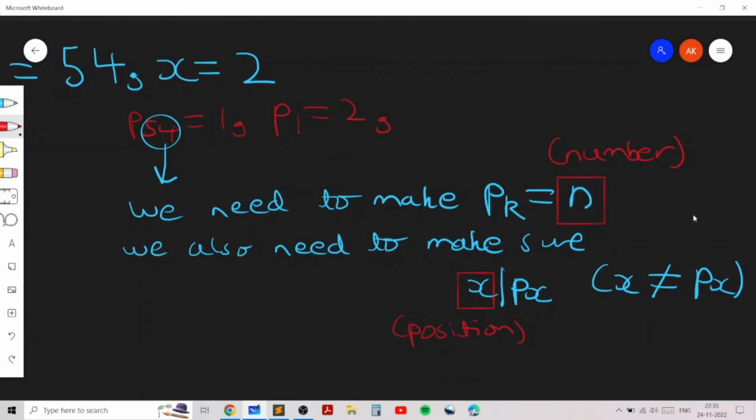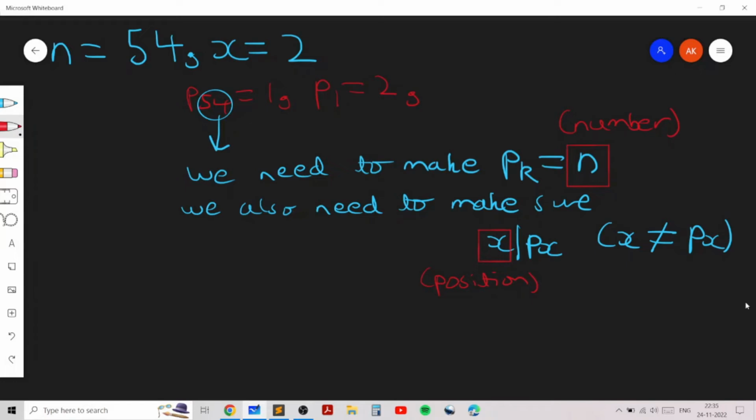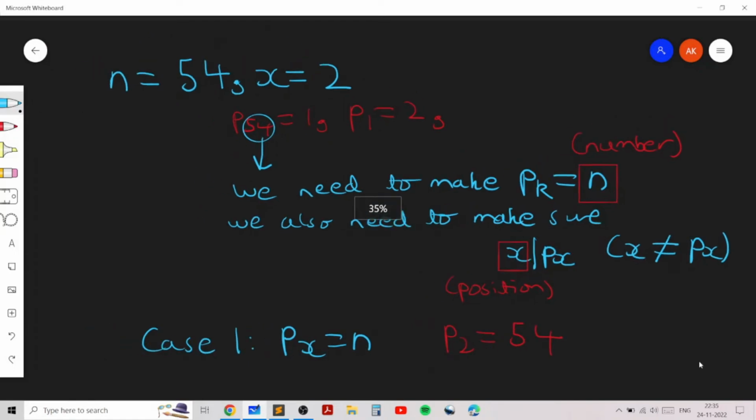So we'll try to do a similar thing over here. Case one is in which you put P of x equal to n. So this basically means that P of 2 is equal to 54, and you're done. You don't need to do anything else.